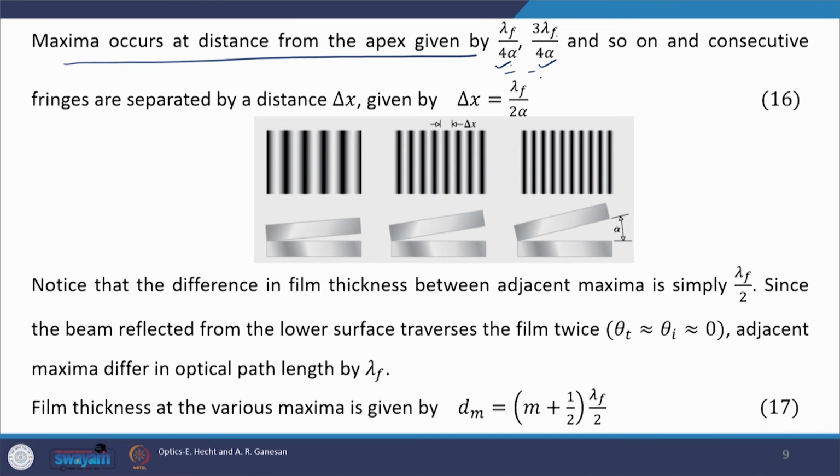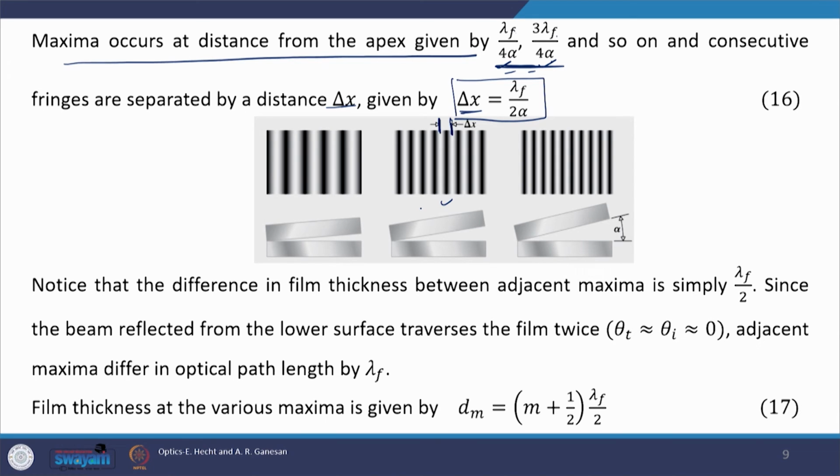And from these two relations, as we did in Young's double slit experiment, we can calculate the fringe width, the separation between two consecutive maxima, which is delta x, and if you subtract these two, you will get this relation. This is the fringe width, and this is shown here in this figure. You see the separation between two maxima is delta x.